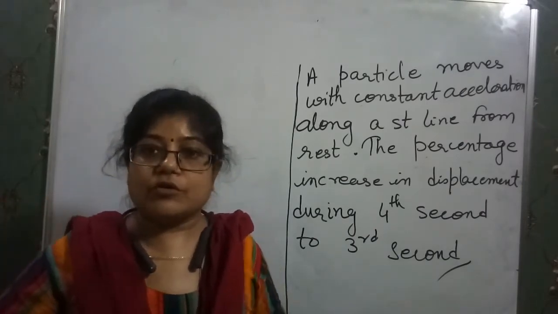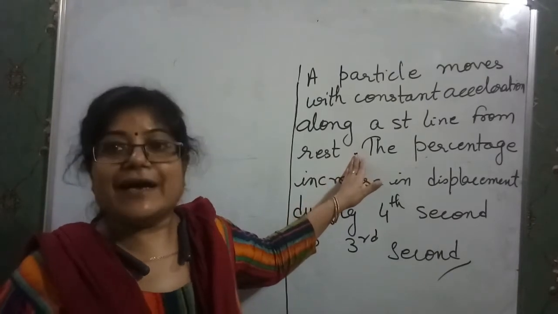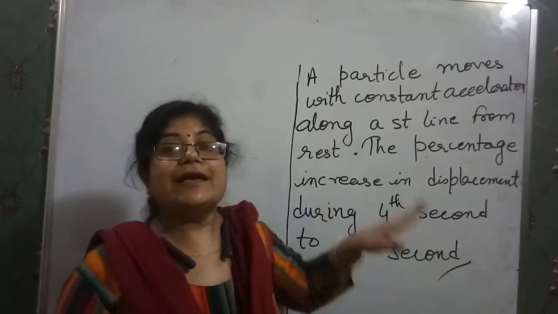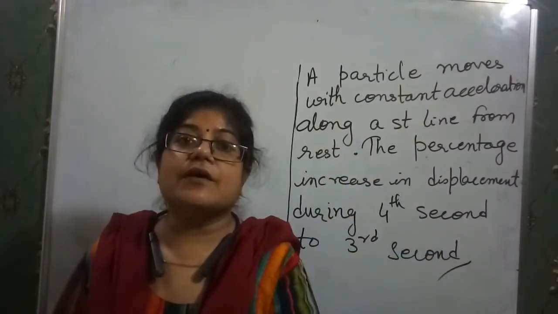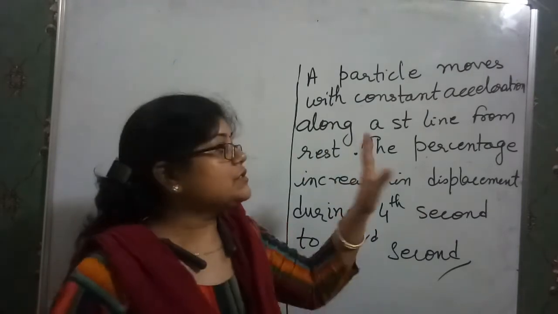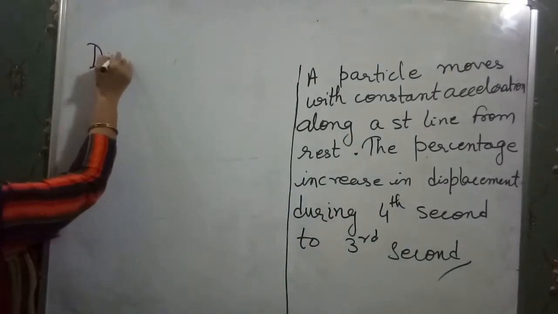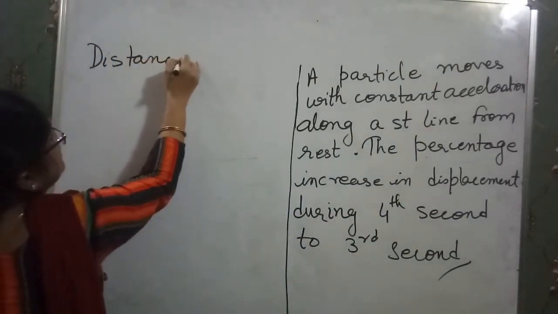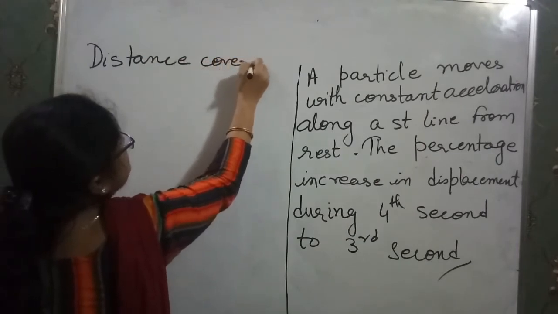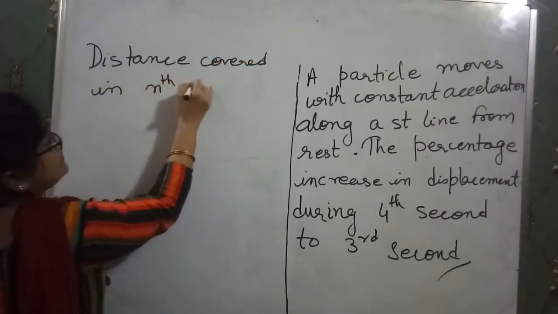I can't say a lot of children have issues. So I am taking the question from that equation. And that equation is the distance covered by a particle in the nth second. So this question is related to the concept of distance covered by a particle in the nth second.